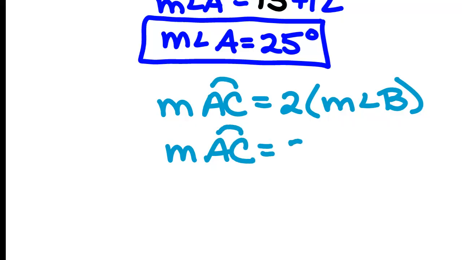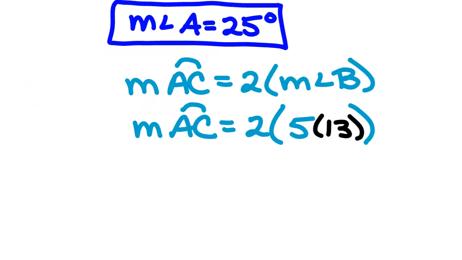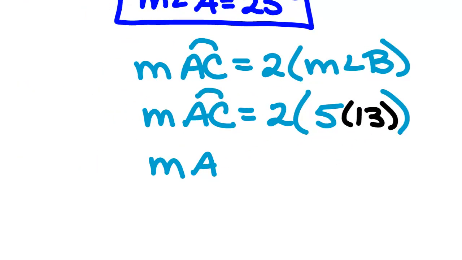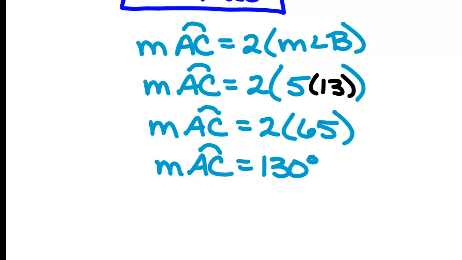So the measurement of arc AC is equal to 2 times 5x. So 5 times 13. What is 5 times 13? 65, and I have 2 times 65, which gives us what? 130. So arc AC is 130 degrees.